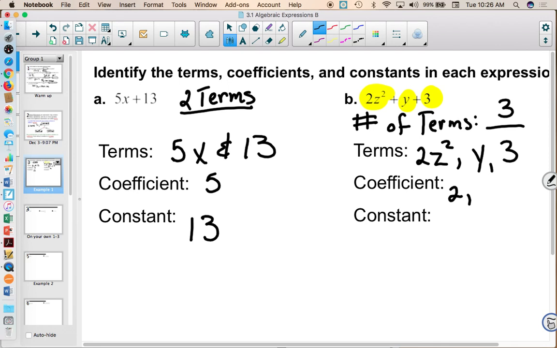Isn't 1 times y, y? So it's understood. We just know that it exists. We could put the number 1 right there and it would not change a thing. So the other coefficient is the 1 that you don't see. It's understood that it's there. It's like understanding that there's a decimal behind the 3. You just know it's there, even though you don't see it.